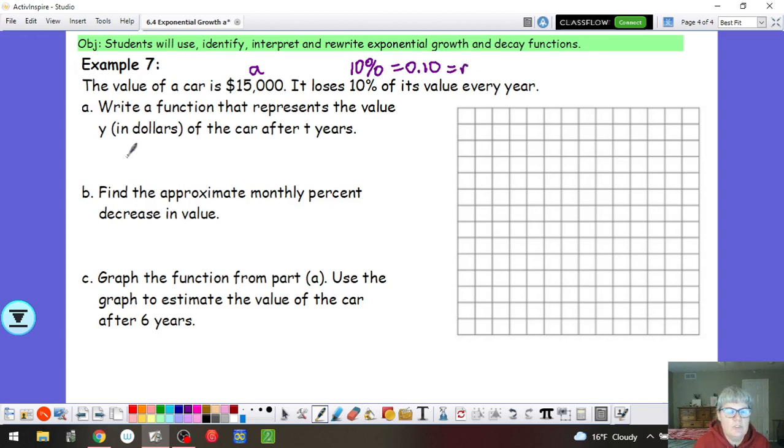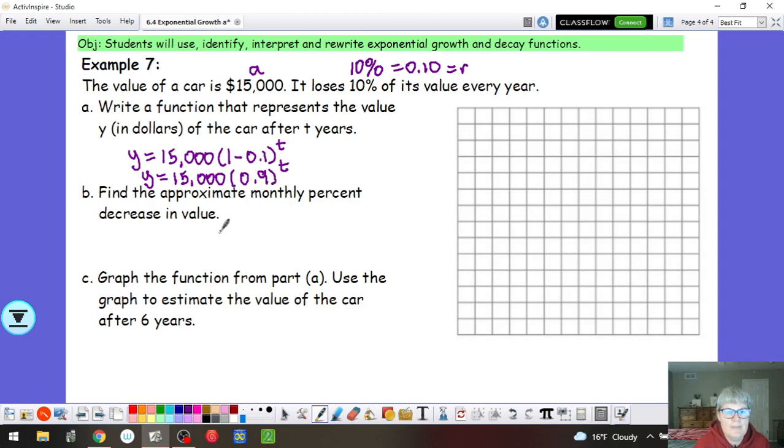So our function will be y equals 15,000 times 1 minus 0.1 to the t. And we can simplify this to y equals 15,000 times 0.9 to the t.